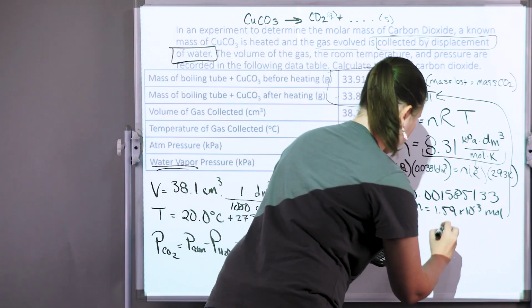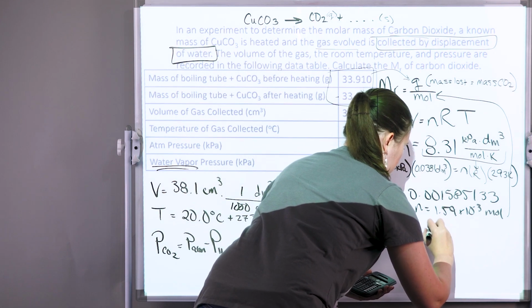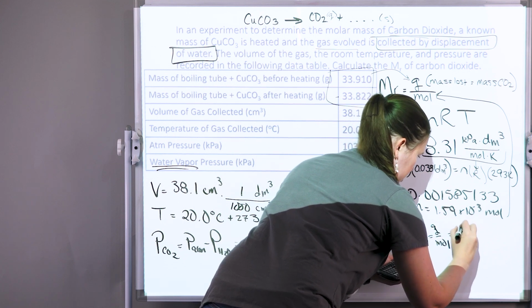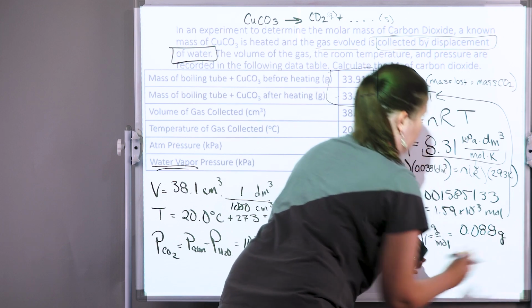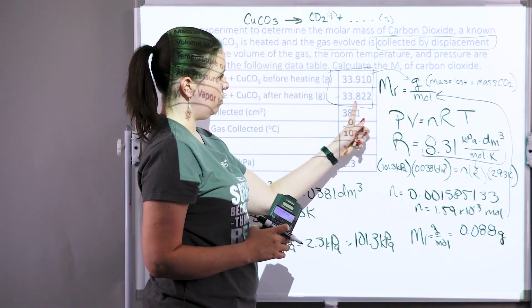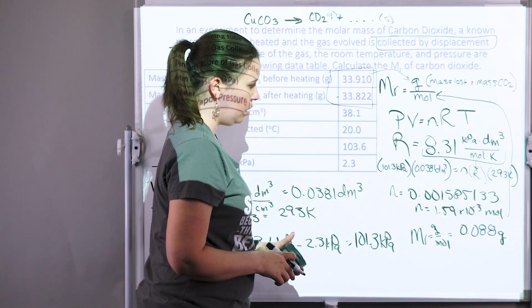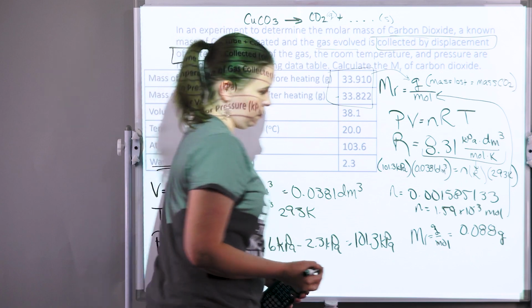And to get MR as grams per mole, the grams on top are going to be 0.088 grams. Now, because we did subtraction, we're going to go with decimal places. So the 3 decimal places is our cutoff, exactly what it gave us. And that's going to now limit my relative atomic mass to 2 significant figures.